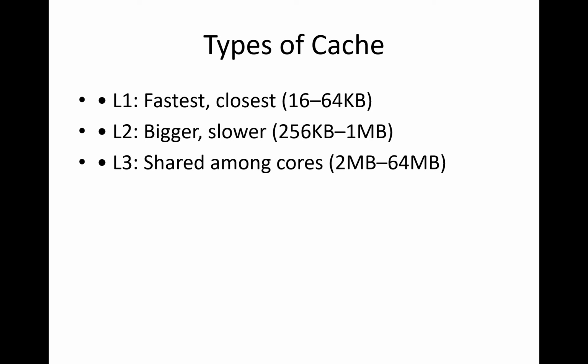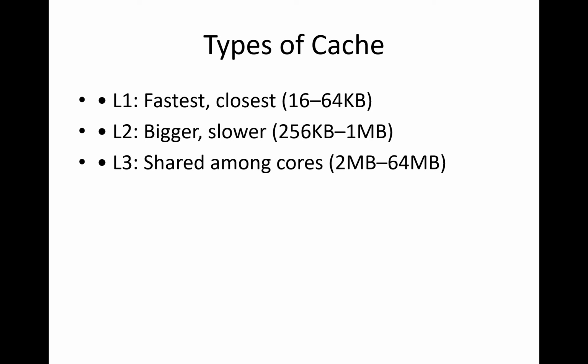So these are some of the cache memories we have. First, the L1. It is closer to the core and it is faster, but very small. The storage is from 16 to 64 kilobytes. Then we have the L2.